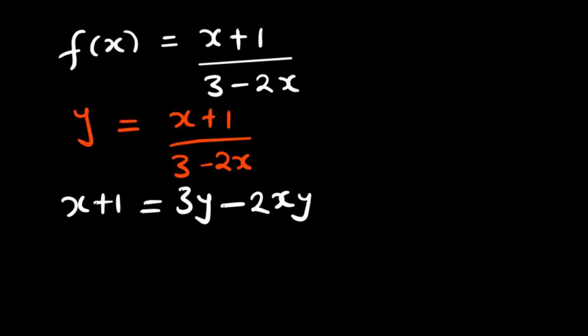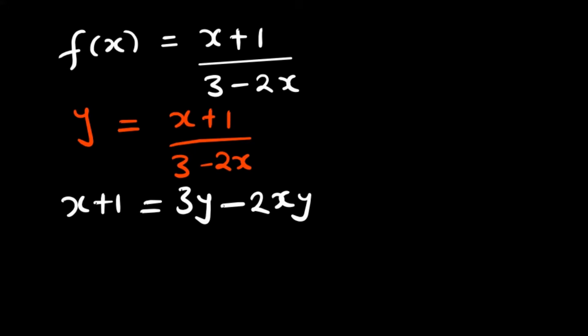Now that I've got this, what do I now do? I think I can put the like terms together. I'm going to take this 3y to the other side, then the x is going to come to where the x is.